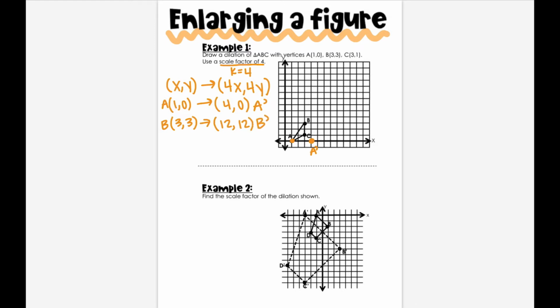So that's going to be multiplied by 4 for both of those. So B prime is (12, 12). And point C is at (3, 1). Multiply both of those times 4. And now we have the vertices for our enlarged figure.